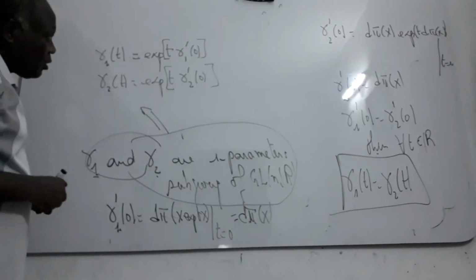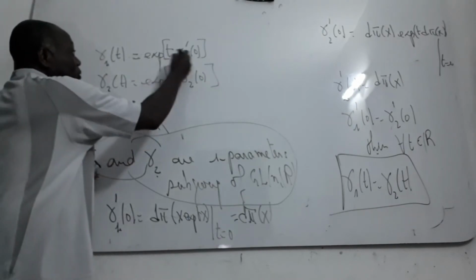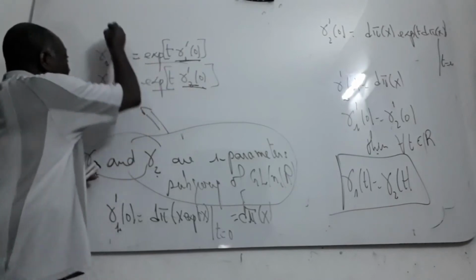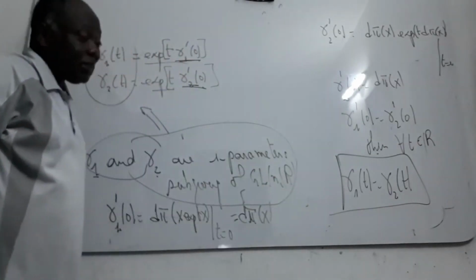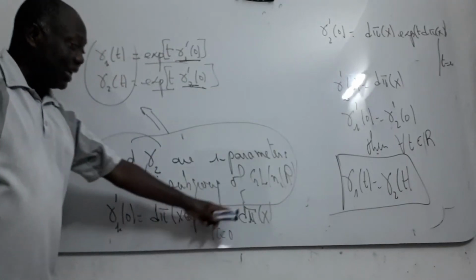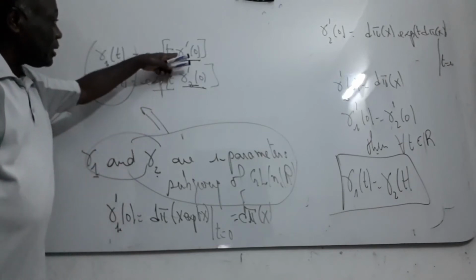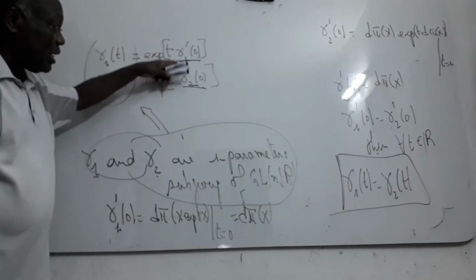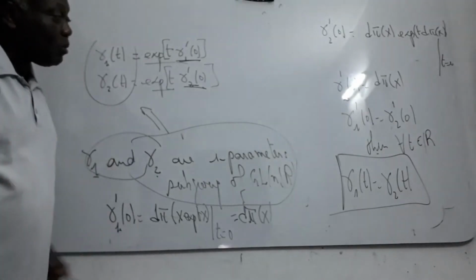That's all. So if you prove that gamma prime 1 of 0 and gamma prime 2 of 0 are equal, then these are equal. This is what you are going to prove, because any one parameter subgroup of this generator has this form. So you prove that the derivative at 0 of 1 is equal to the derivative at 0 of 2. Very, very simple.